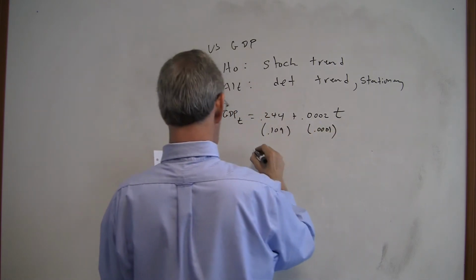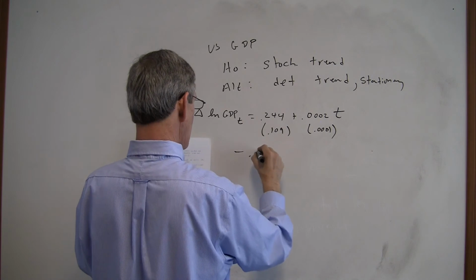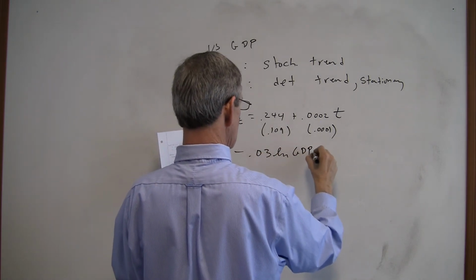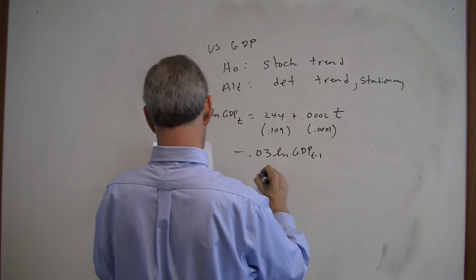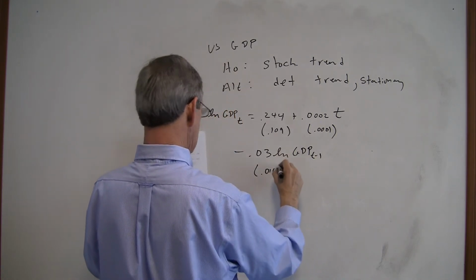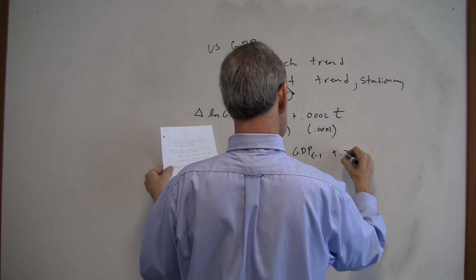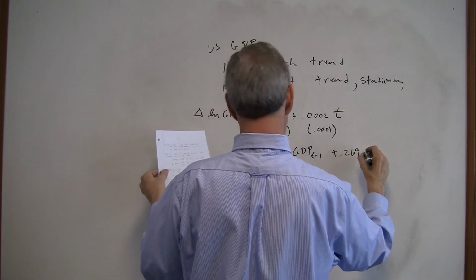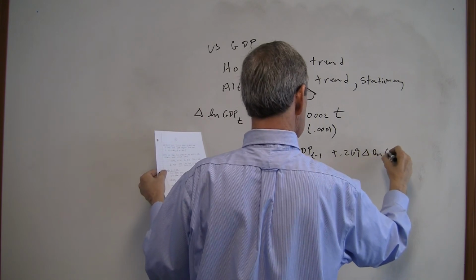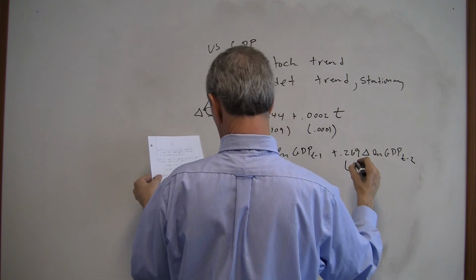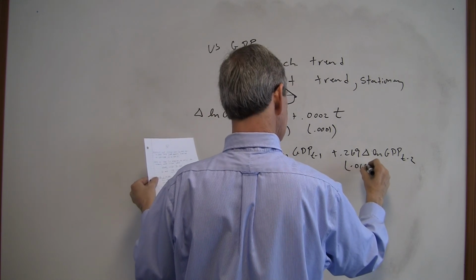0.0001 plus or minus 0.03, the log of GDP at T minus 1, 0.014, plus 0.269 delta log GDP at T minus 2, 0.069.